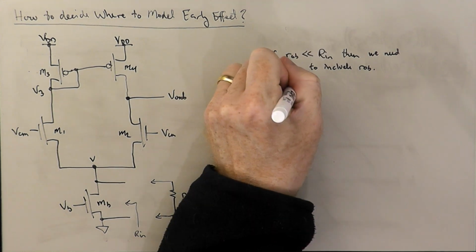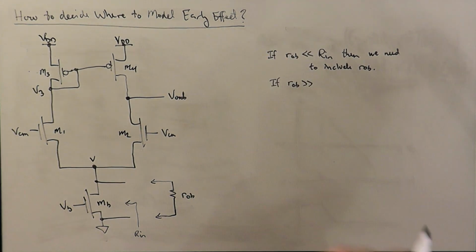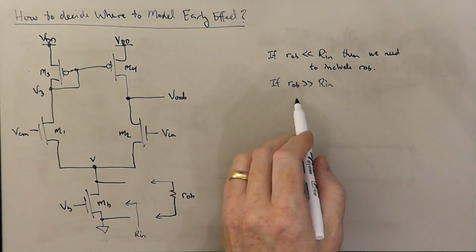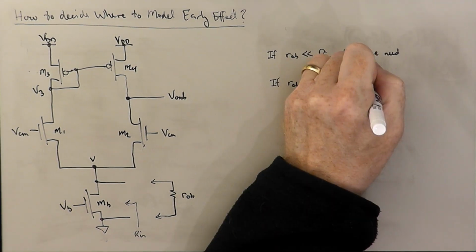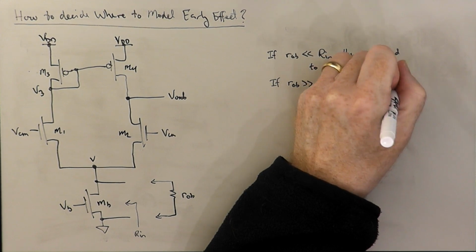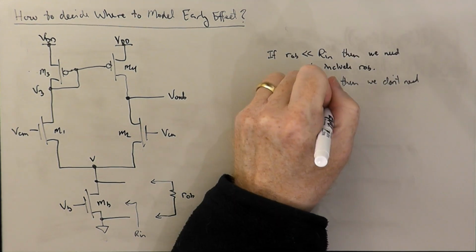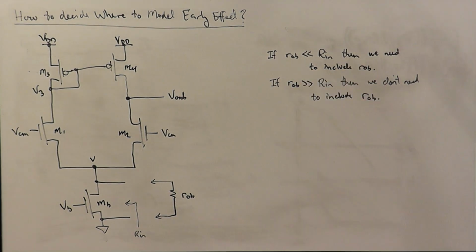If ROB is much greater than Rin, or said another way, Rin is much less than ROB, then we don't need to include ROB.